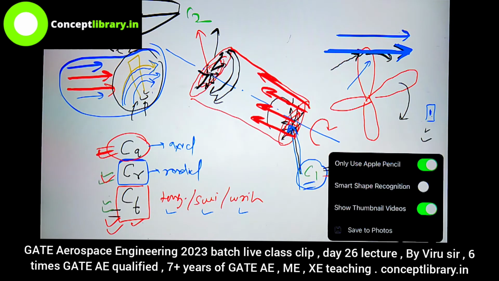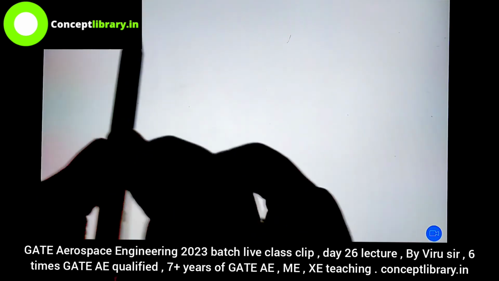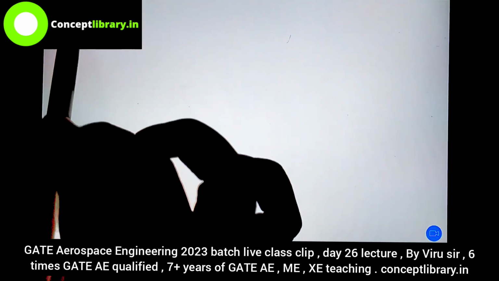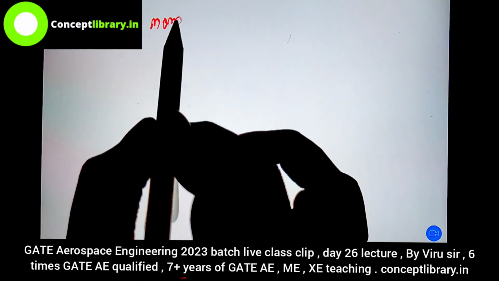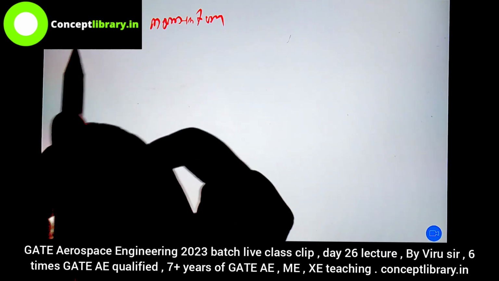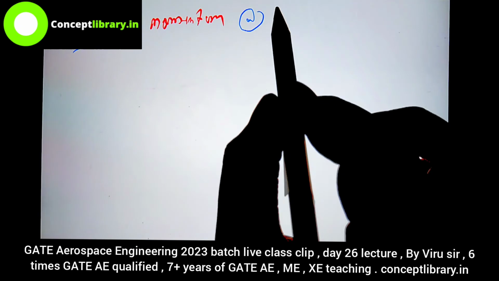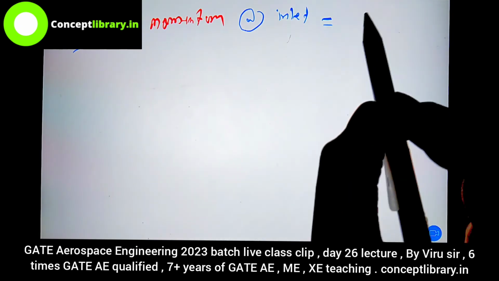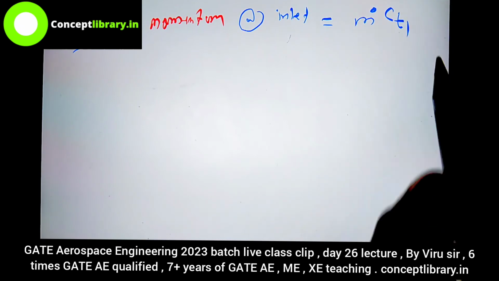So if I change the momentum for this purpose, see here, your momentum is being changed. Rate of momentum means whenever you have rate, it means divided by time. So see, rate of momentum at inlet: how will you write this? m dot, because mass flow rate, and CT1.